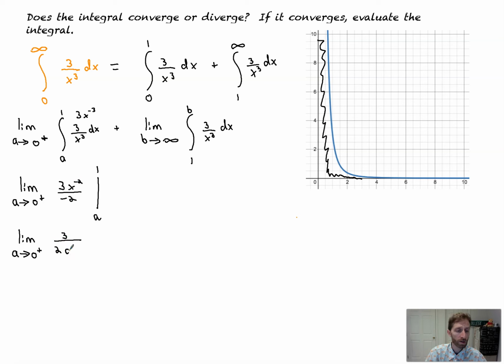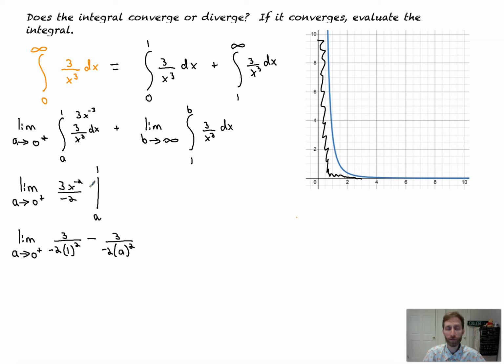First we plug in 1, upper bound minus lower bound, so that would be that, minus 3 over, and don't forget the negative there, negative 2 times a squared.